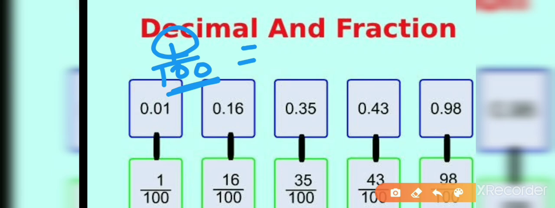We have only 1 in the numerator, so we have to put a 0 and then place the decimal. Before the decimal point there is no number, that means there is a 0 there. So 1 by 100 can be written as a decimal as 0.01.